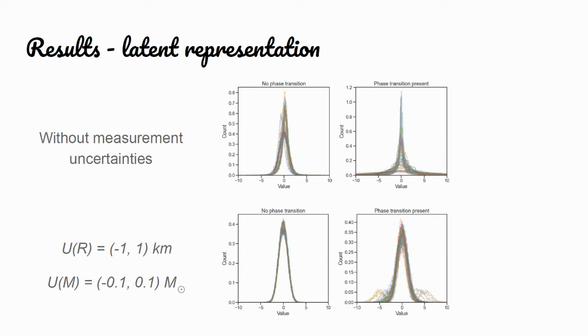And once you start adding some random noise to the data, those differences become less and less significant, because both representations start to resemble something noisy, something of similar nature. Nevertheless, at least in some cases, for the phase transition data, there were some odd things, at least in the case of this distribution.